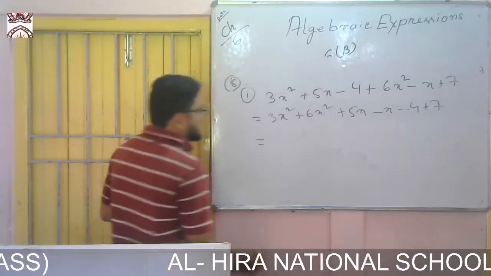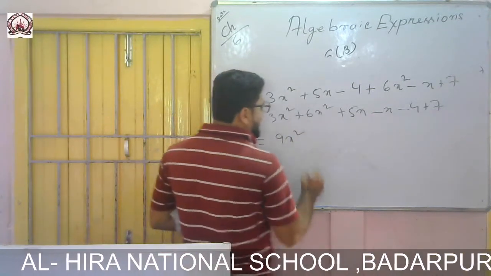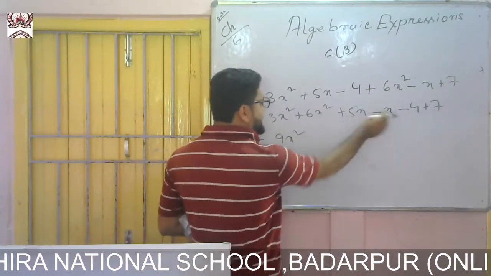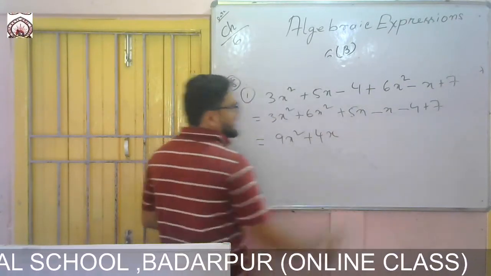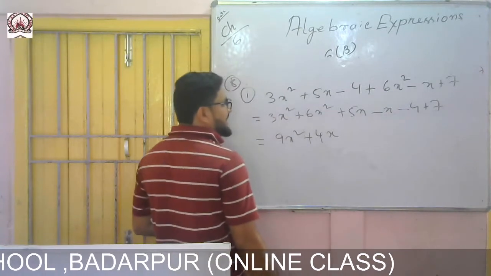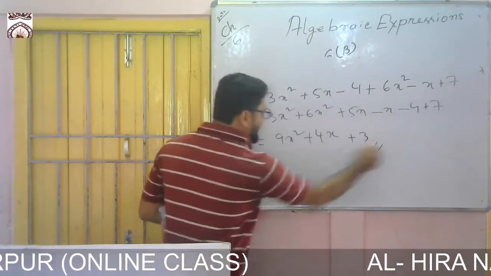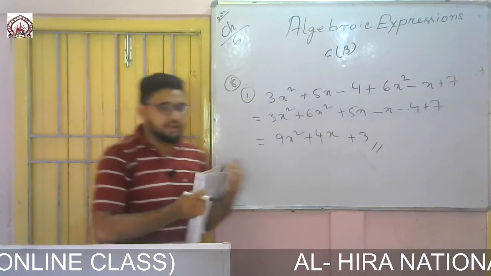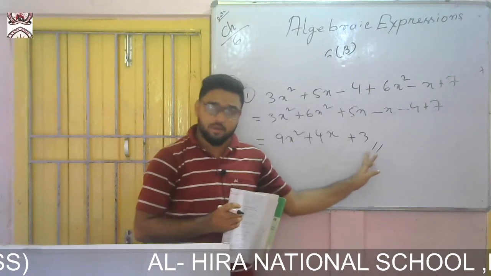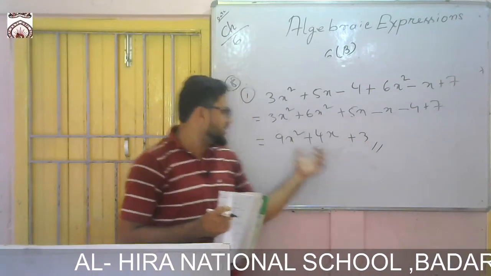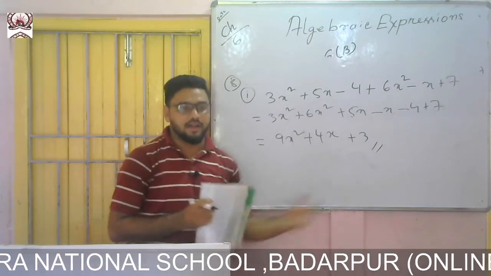Now solve it. 6 plus 3, 9x square, then 5x minus x, it is plus 4x, then 7 minus 4, it is plus 3. So that is the answer, because there are no more like terms. Here it is x square, here x, here 3. So that is the answer.